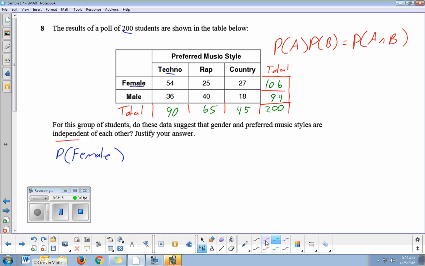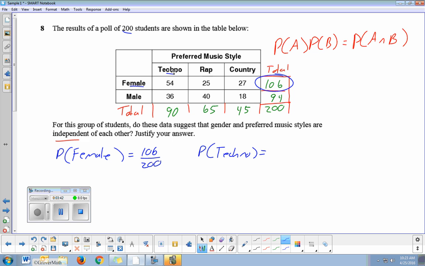So the probability that a student is female: if we pick a student's name out of a hat, out of the 200, the probability to get female is 106 out of 200 possibilities. And the probability that out of the 200, you select somebody who likes techno?